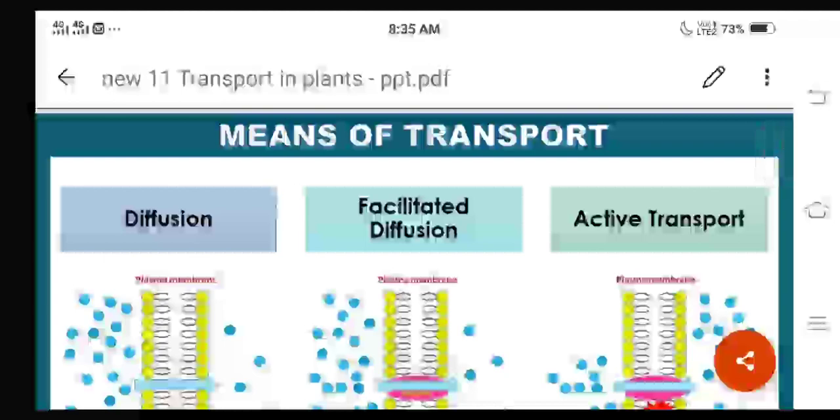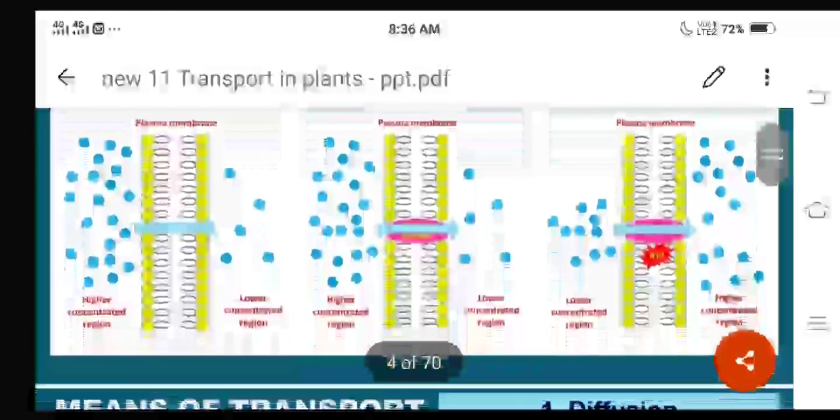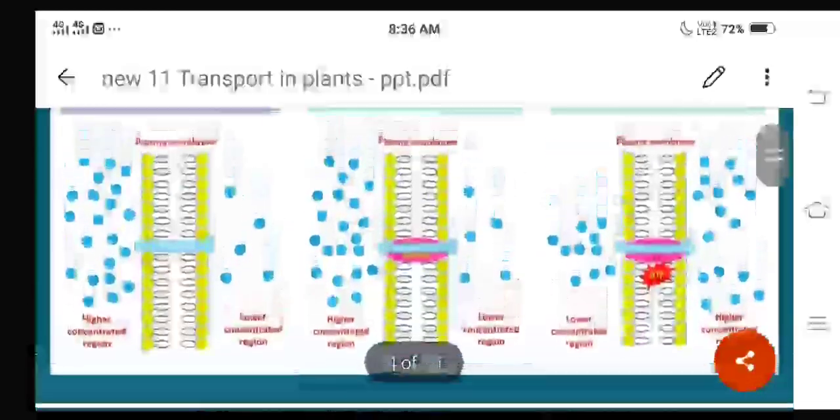Some of them are diffusion, then facilitated diffusion, and the third one is active transport. Three different methods are there. Let us understand the processes one by one.